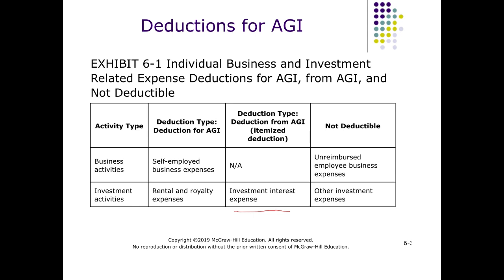So if we wanted to color code these, so our 4 AGI, self-employed business expenses, rent and royalty expenses, okay? From AGI expenses, all right, your investment interest expense can be deductible from AGI, okay? And then you've got this other whole category of expenses, but they are not deductible at all, okay? All right.